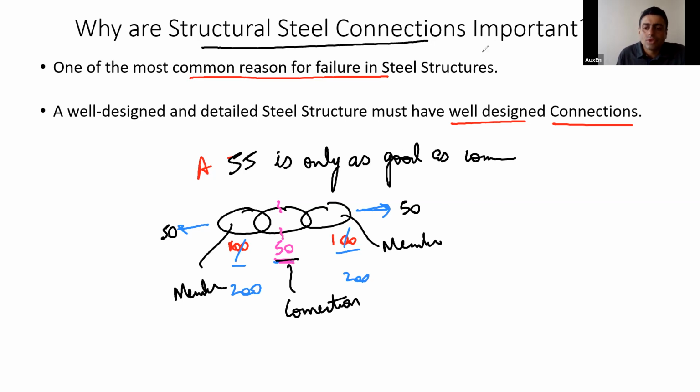So if you want to enhance the performance, or the capacity of this system as a whole, what do you have to do? You have to increase the capacity of this particular connection. Suppose you are able to enhance the capacity of this connection and make it 100, then you will be able to increase the overall resistance of this system.